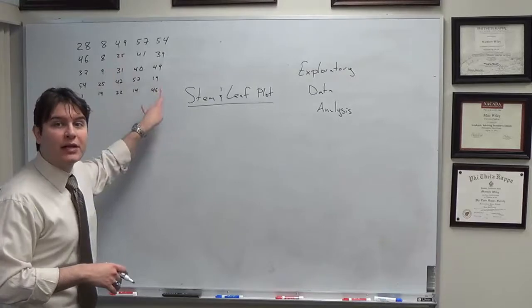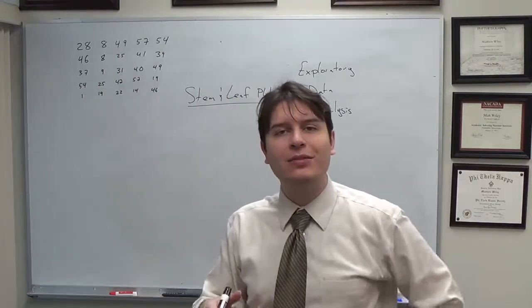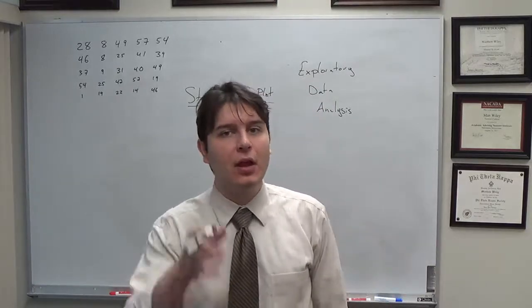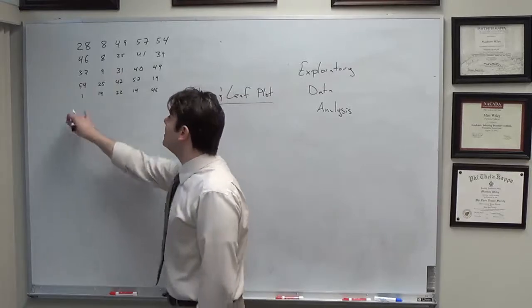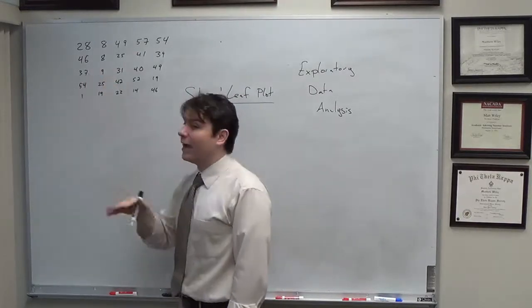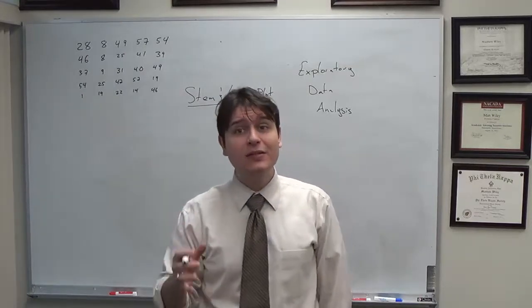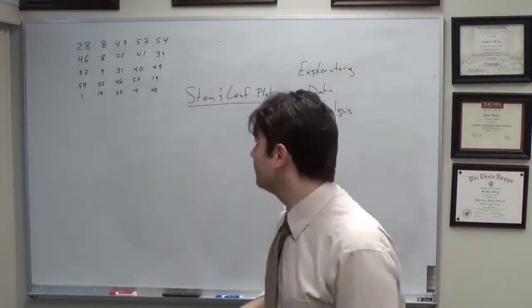You first look at your data and see what the highest numbers are. Think back to maybe third grade, where you had the hundreds column, the tens column, and the units column. Here I see that I've got some numbers like 1, 9, and 8, but in general, I have numbers that have 2 digits. The tens column is the biggest. So here's how stem and leaf plots work.